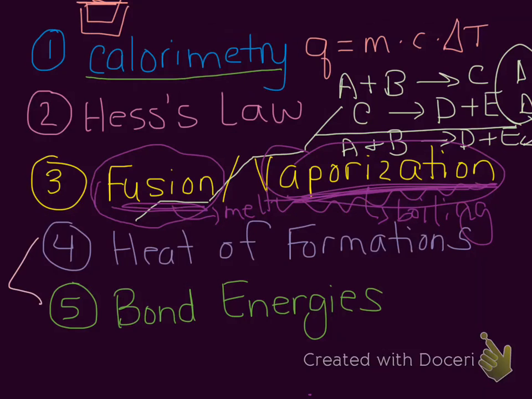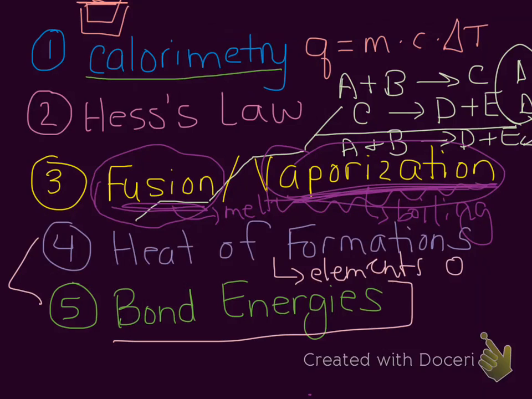With the heat of formation, all elements, even diatomic elements, will be equal to 0. And all you basically need to do for this is add up your products and subtract your reactants, which is exactly what you're also going to do with number 5. So for both of these, you're going to do the sum of delta H.